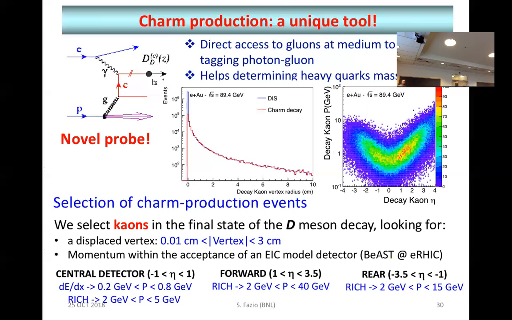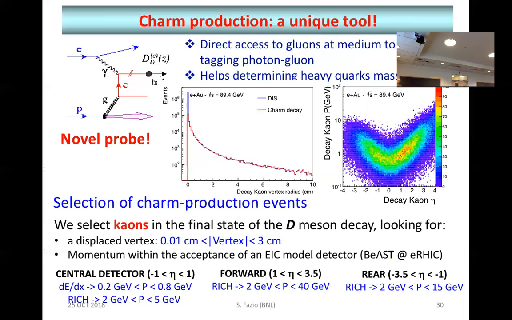Here we assume BEAST, which is the model detector of BNL. I assume that this doesn't greatly change if you use other carefully designed detector configurations. You can see here, for instance, that if you require a displaced vertex, as you move away from the nominal vertex, basically everything that survives is charm.